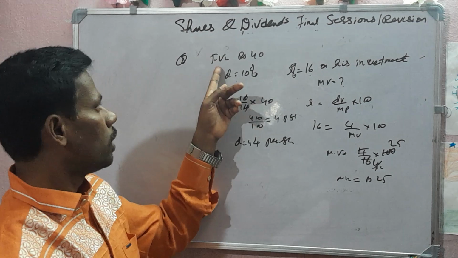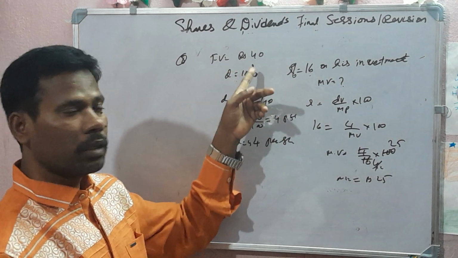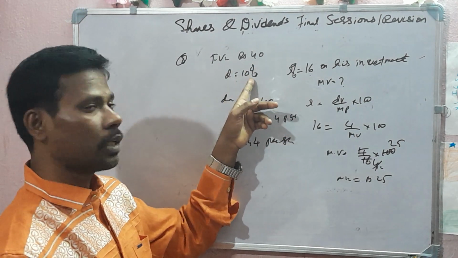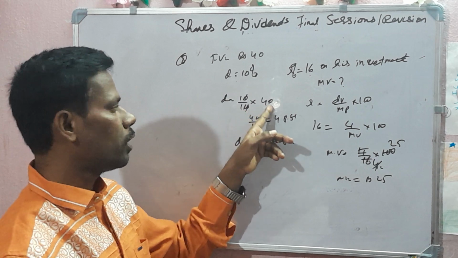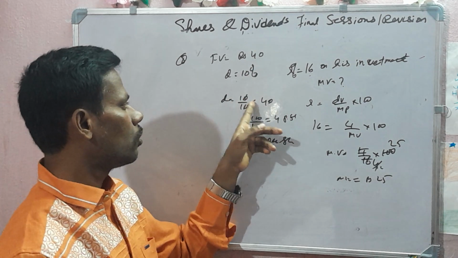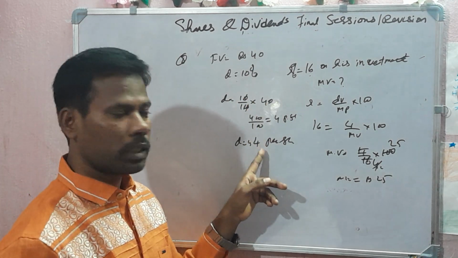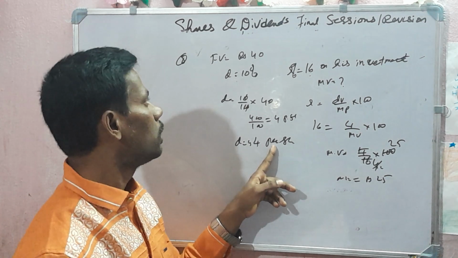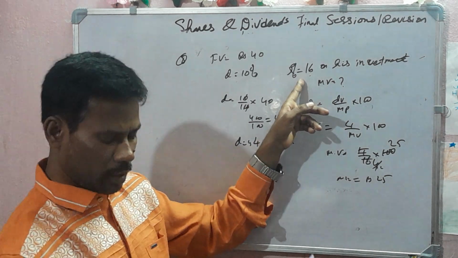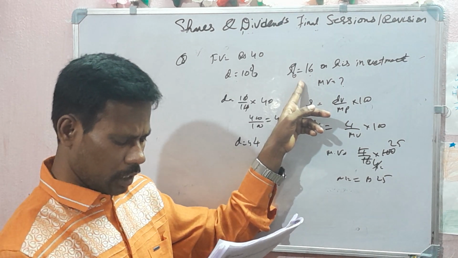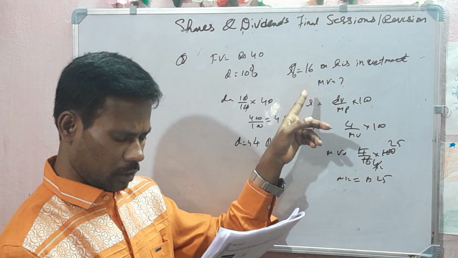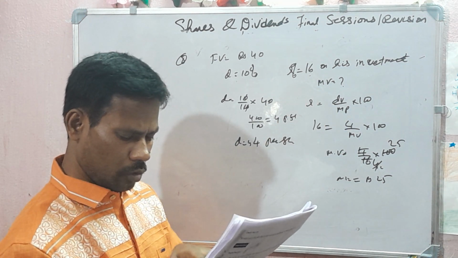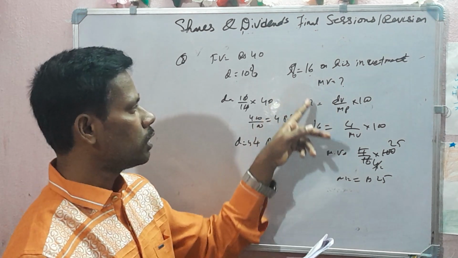Here once again I will explain. Face value is 40 given. Dividend is 10% given, so that means 10 by 100 into 40. So 400 by 100 is 4. That is dividend is 4 per share. Next, rate percentage of 16% is given.